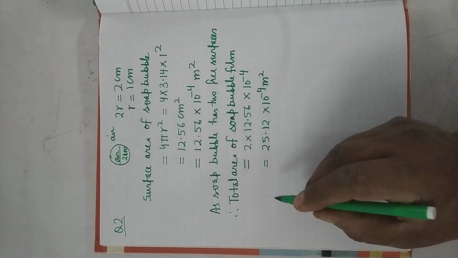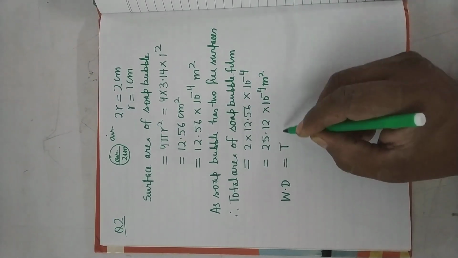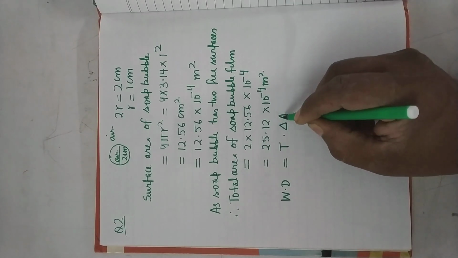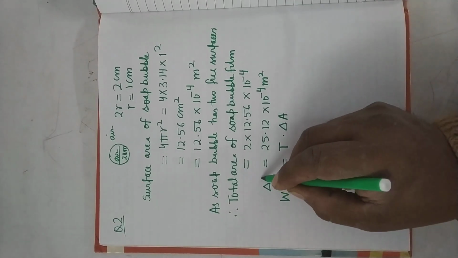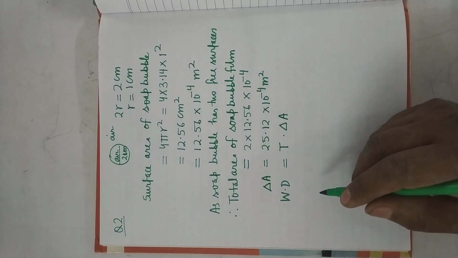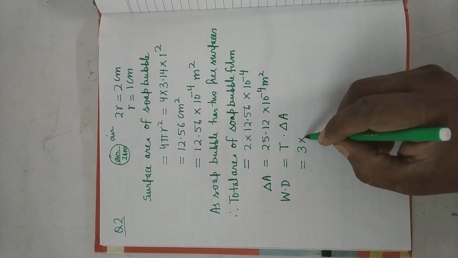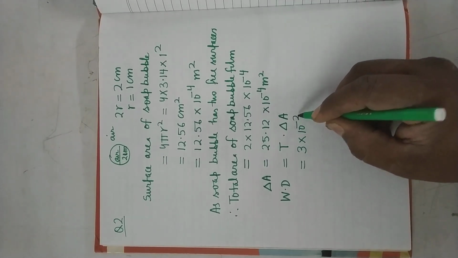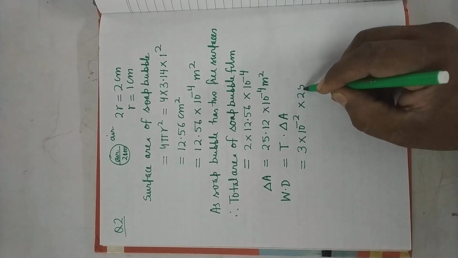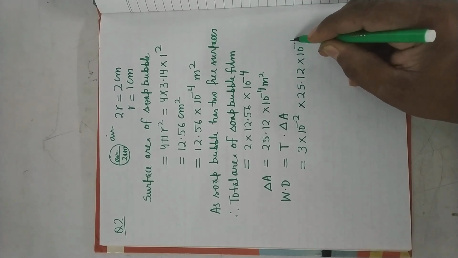So what will be the work done? Work done will be equal to T into delta A. Delta A is this much. It is clear. What is the surface tension of the soap solution? It is given, 3 into 10 to the power minus 2, into 25.12 into 10 to the power minus 4.